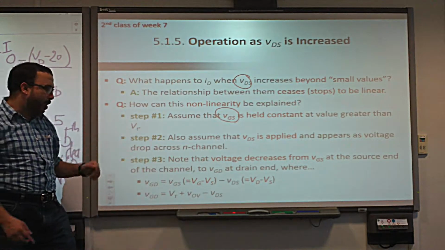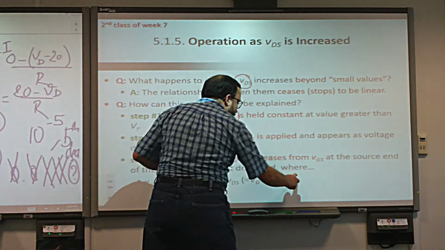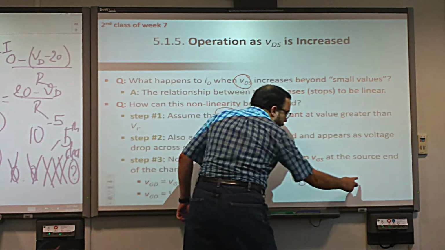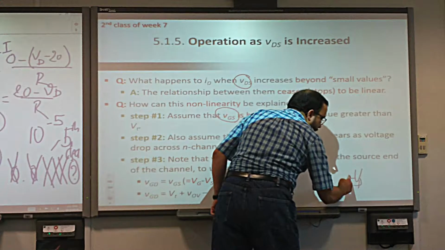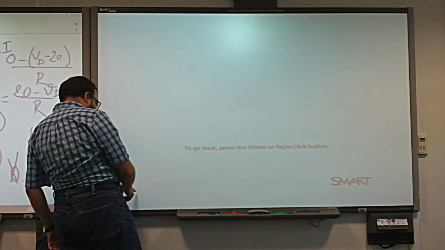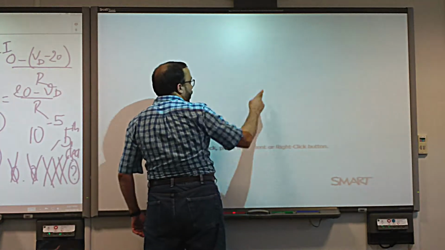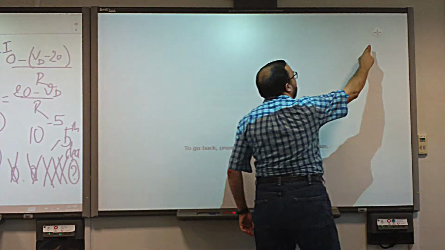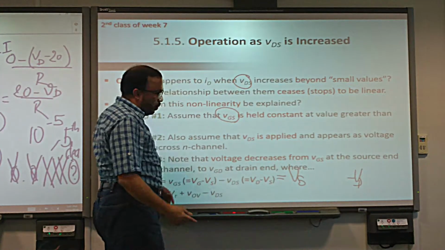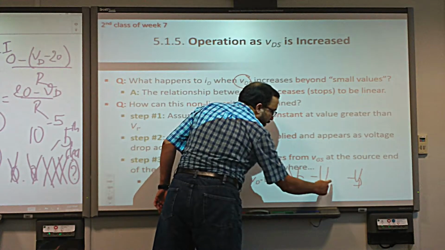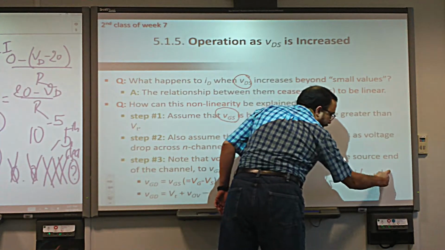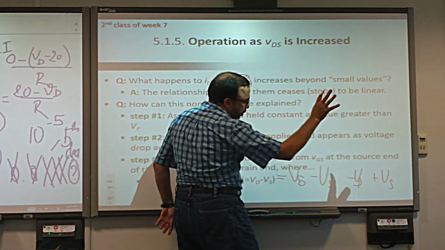Why did we do that? It's very simple. We start by this. We say VGD is VG minus VD. Yes or no? Then what we do, we throw VS here, so minus VS, and plus VS in here. So plus VS, minus VS, boom, okay.